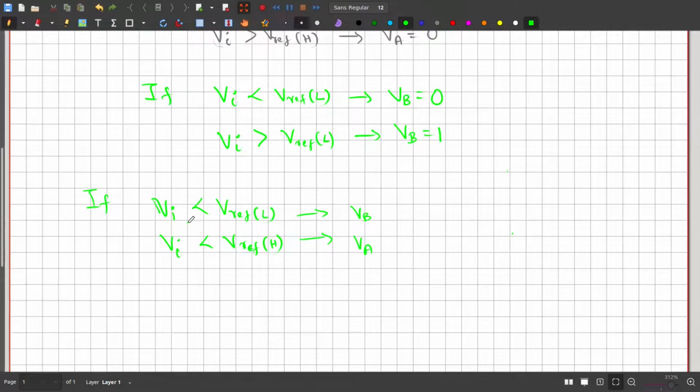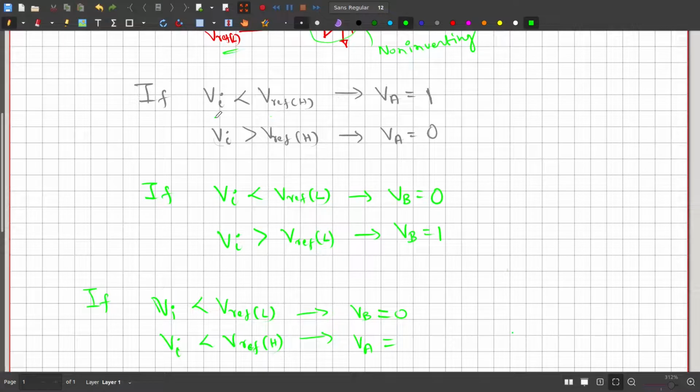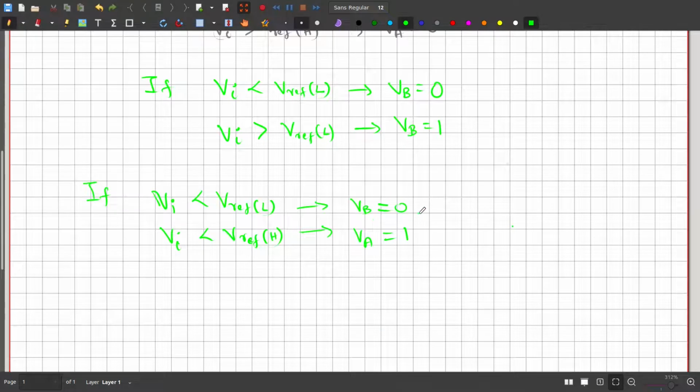If Vi is less than V ref of L, then Vb equals 0, and if Vi is less than V ref of H, we have Va equal to 1. Since Va and Vb are not identical, we have V out equal to 0.